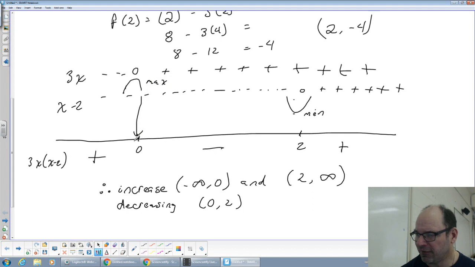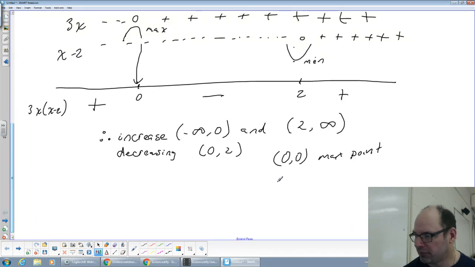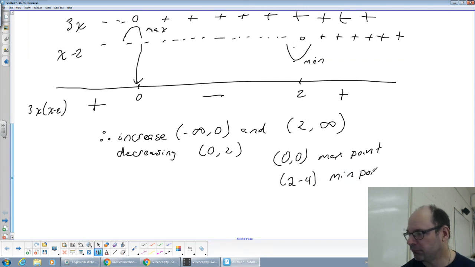So here we can say that at (0, 0), we have a max point. And here at (2, -4), we have a min point. Makes sense because negative 4 is lower than 0. And that's how you would do those types of questions.